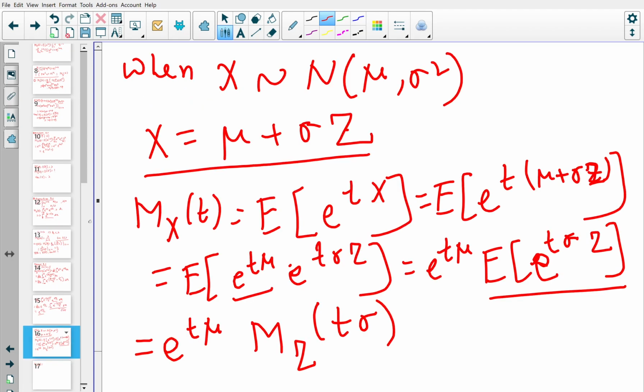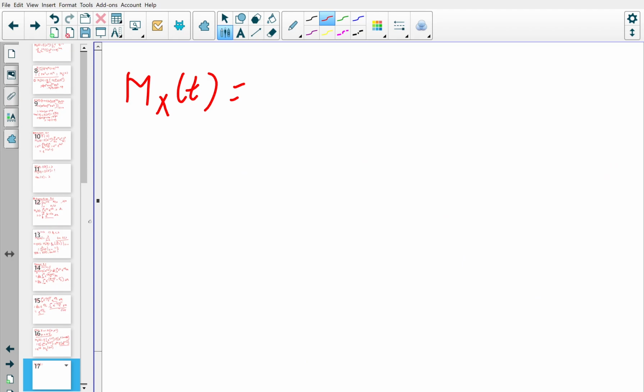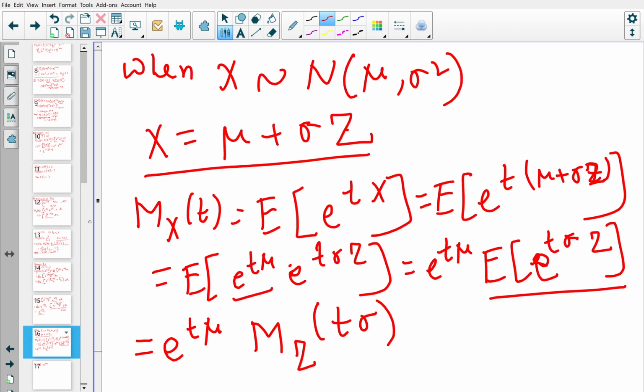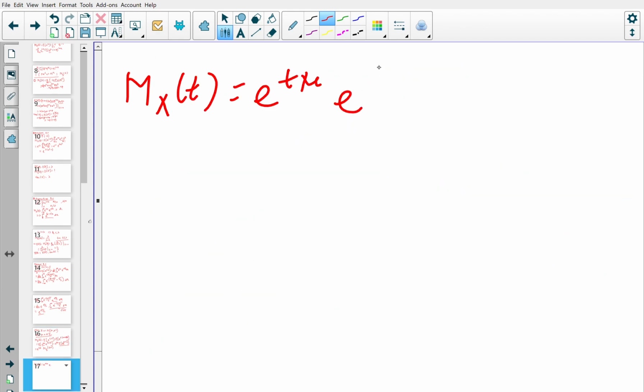So we have e power t mu. First write down e power t mu, and then M_Z of t sigma, which is nothing but e power t square sigma square by 2.